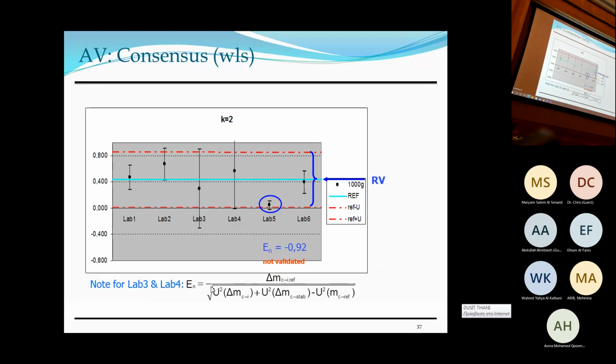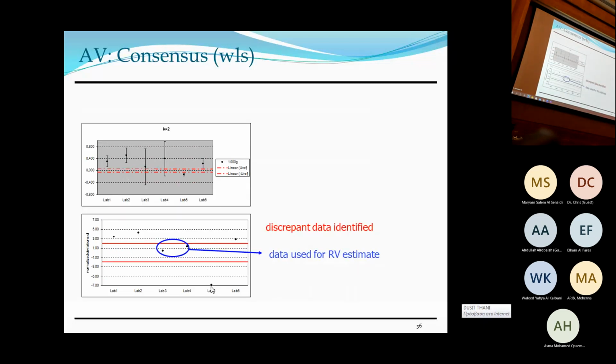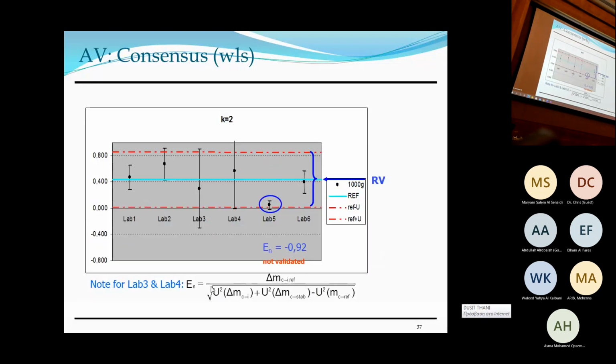So once that is done, then the new average is this blue line here, and the uncertainty is determined, is these red lines, and now everything seems to be consistent, huh?